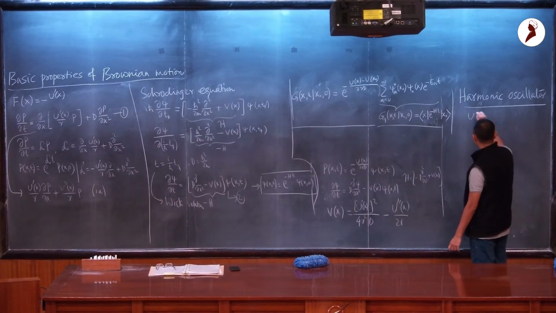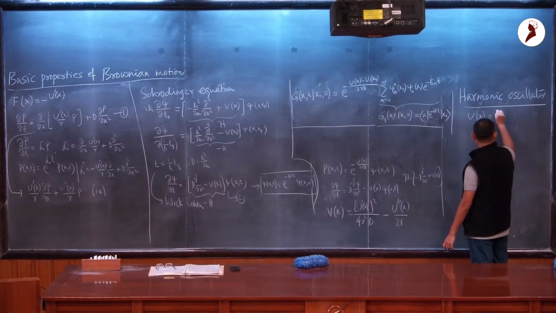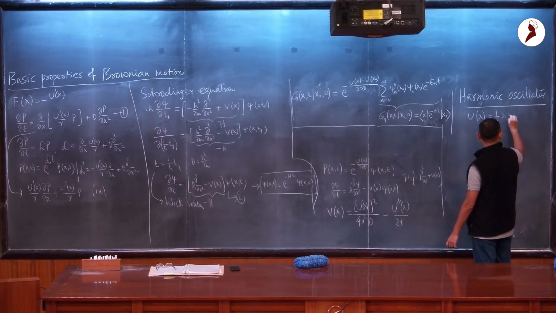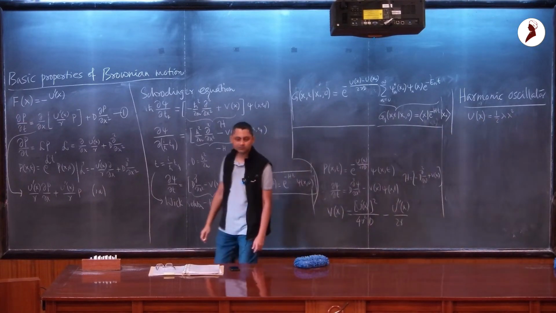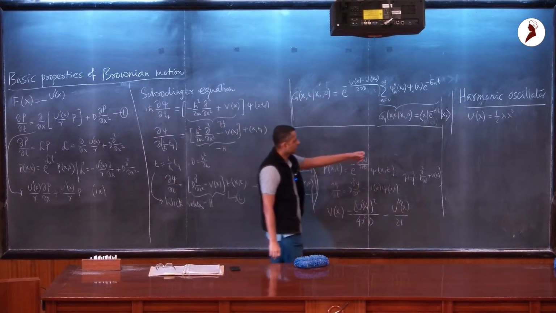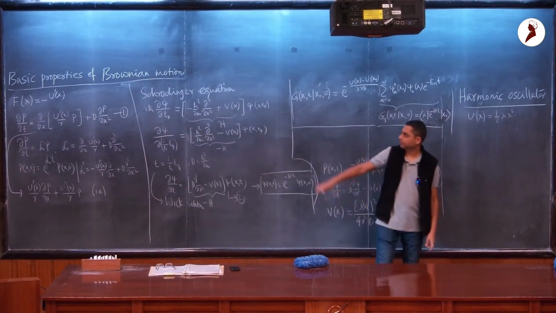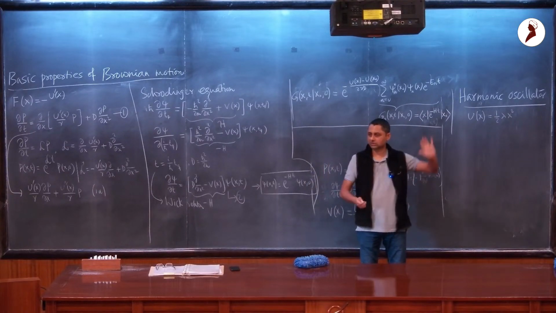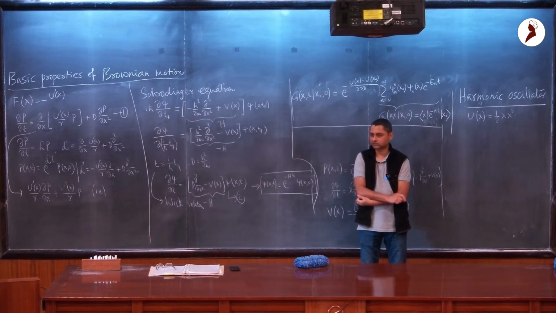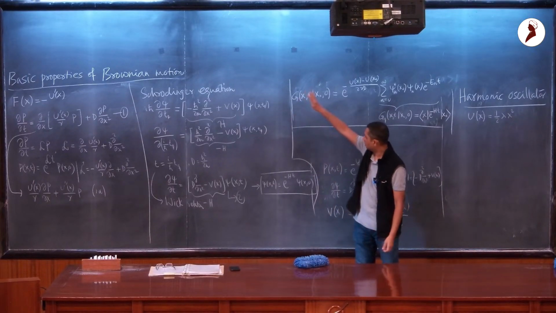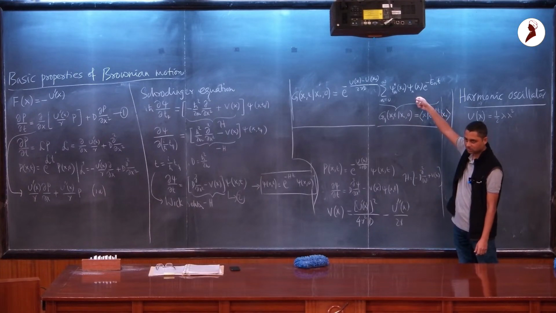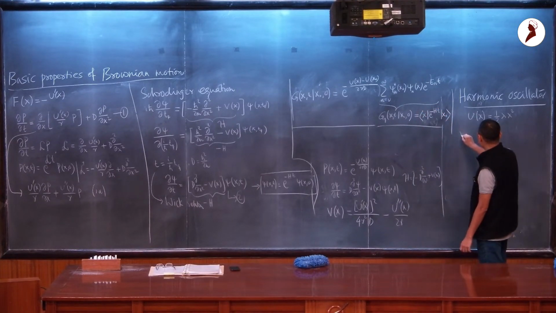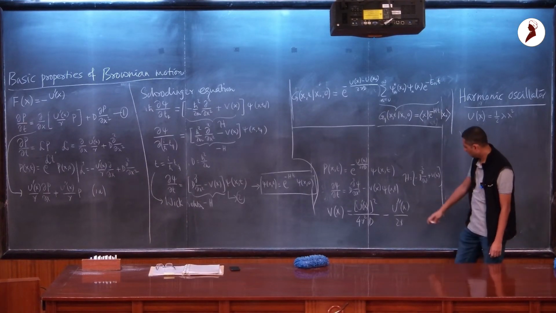So, let us take the classical case, say half lambda x square, right. This is basically a particle in a harmonic potential. This is just a classical Brownian particle in a harmonic potential, okay. We go through all these steps, okay. So, we finally arrive at this one, okay. So, what is the V of x?